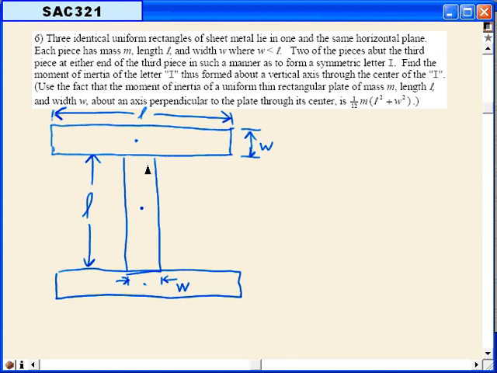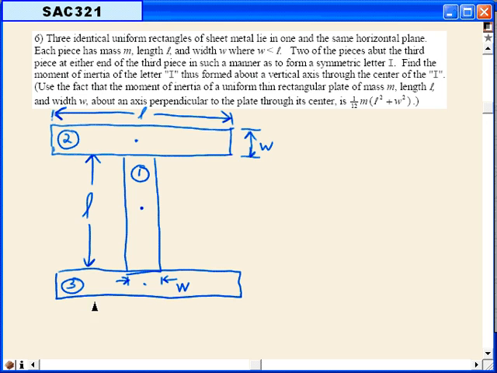This is going to be a parallel axis theorem problem to find the moment of inertia of each of these guys with respect to the central axis. I'll call this number 1 here. That's the easy one because we know the moment of inertia of it with respect to this axis, and this I'll let be number 2 and number 3.